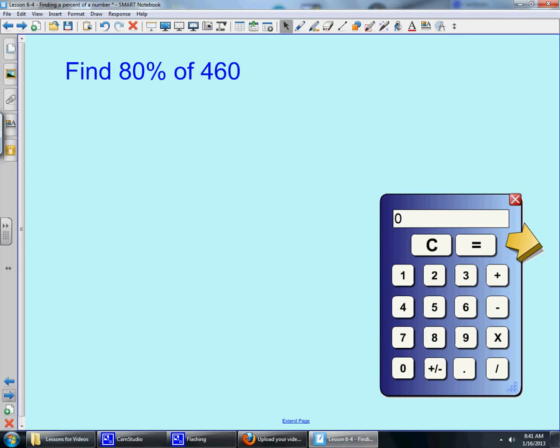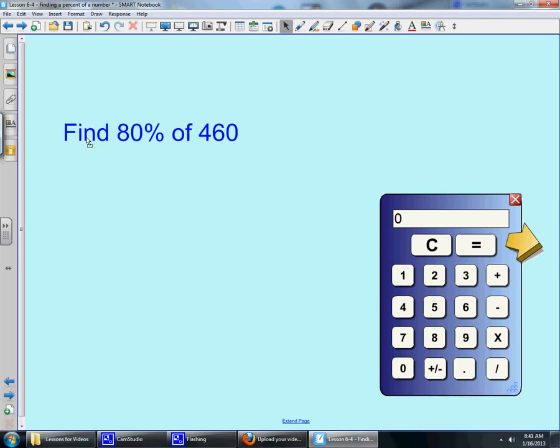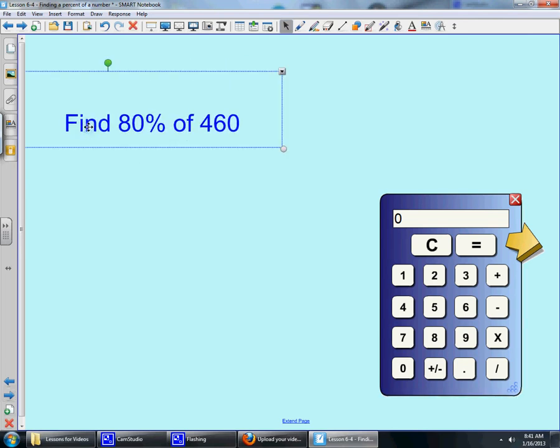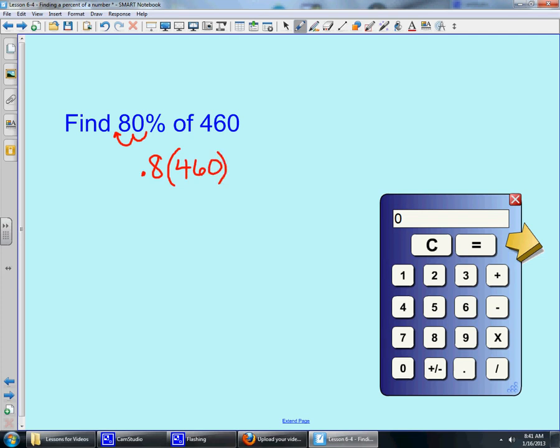Let's look at this one here. Find 80% of 460. So 80% is pretty close to 100%. So the answer should be closer to 460 than it would be to 0. So first we're going to change 80% to a decimal, which is 0.8. And of means to multiply. We're going to multiply 0.8 times 460.